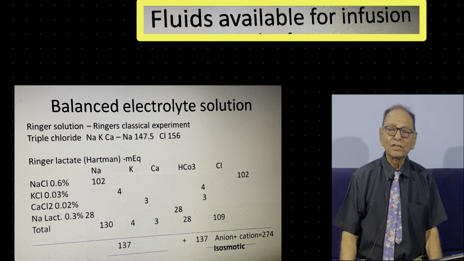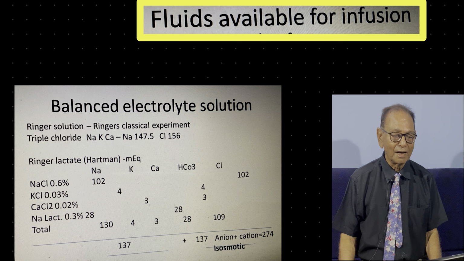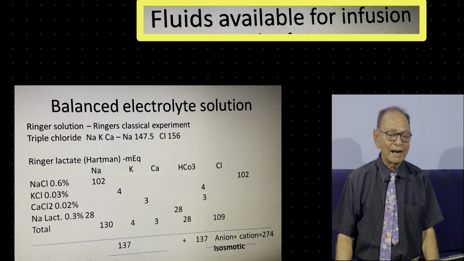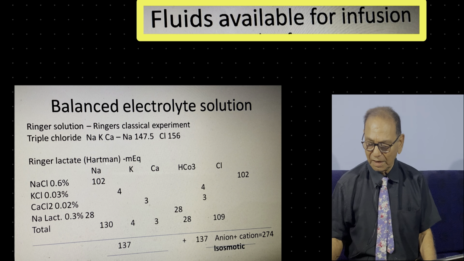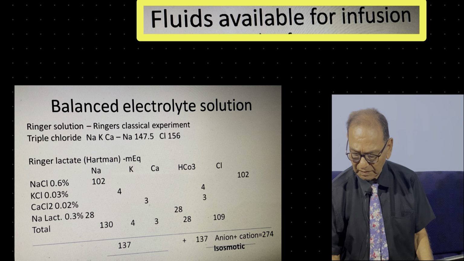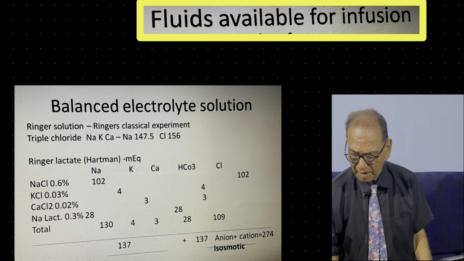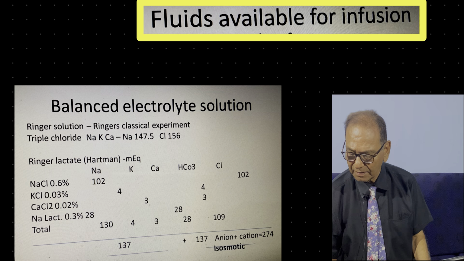The concentration was not good. It was up to Hartmann to modify this solution. So the present Ringer lactate solution is actually Hartmann's solution. So we discuss Hartmann's solution here.